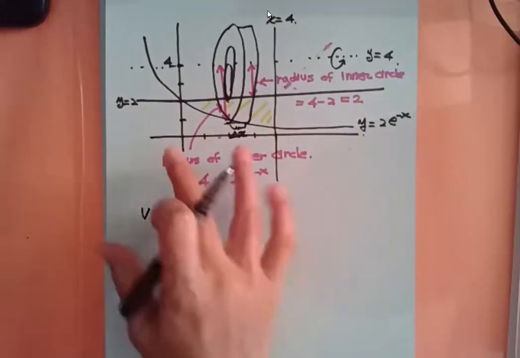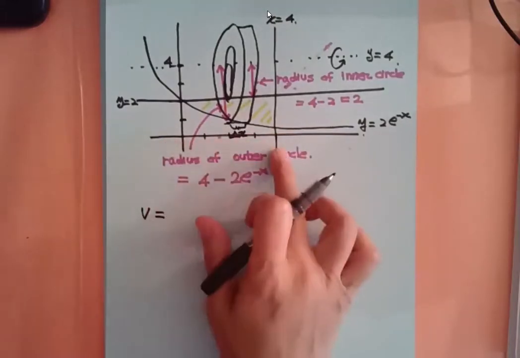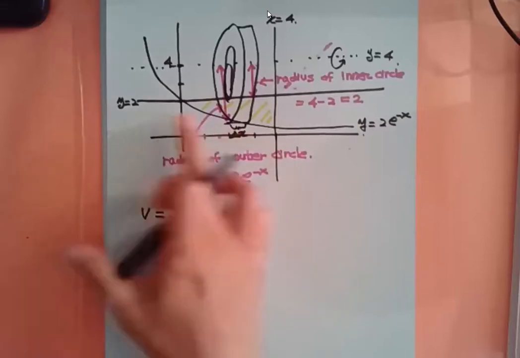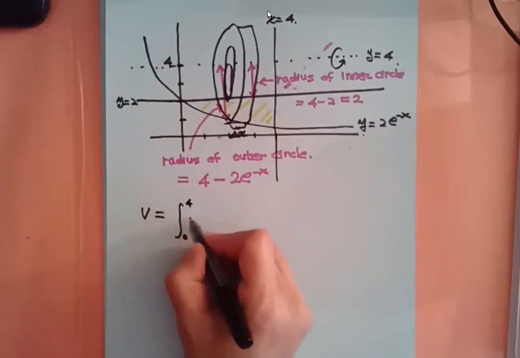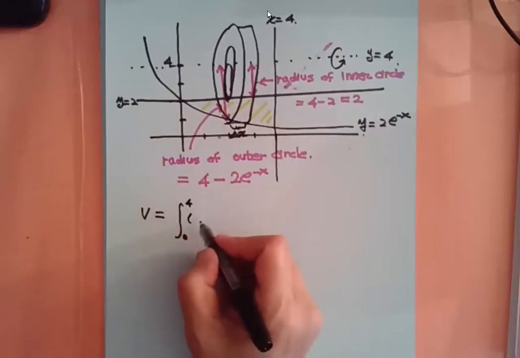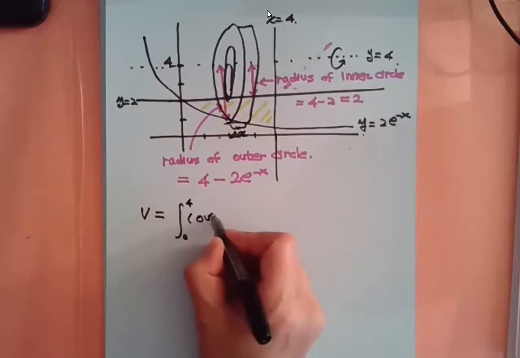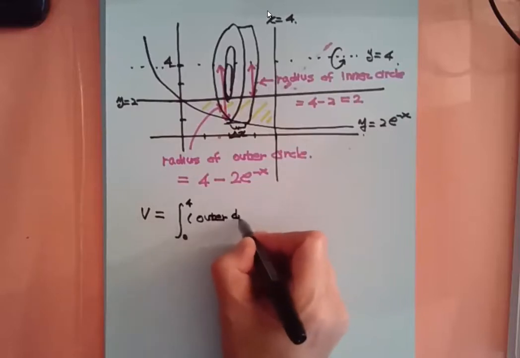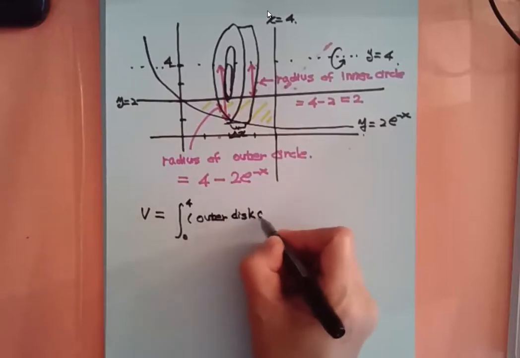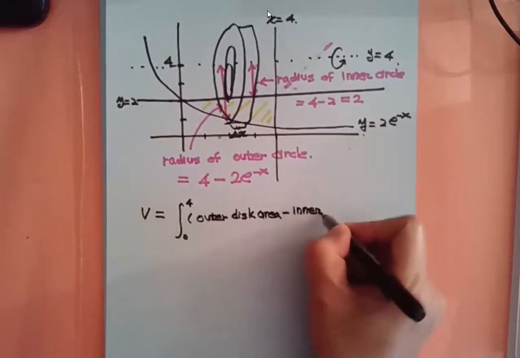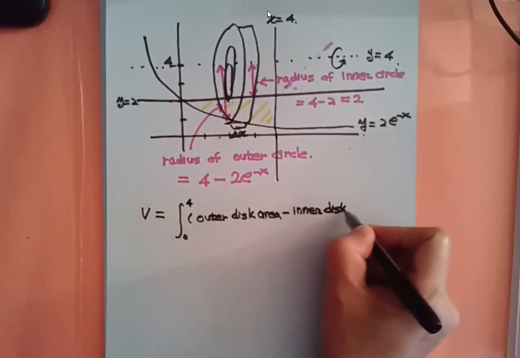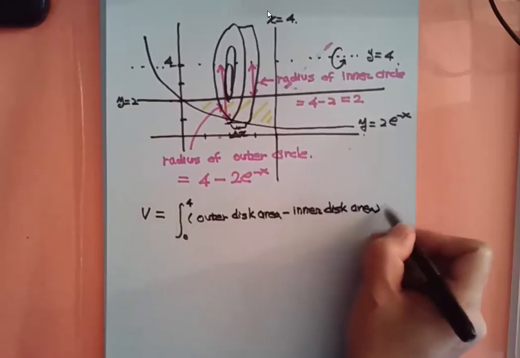So dx, we think about the x range, then that goes from 0 to 4. So integration 0 to 4. Then the area will be outer disk area minus inner disk area, dx.